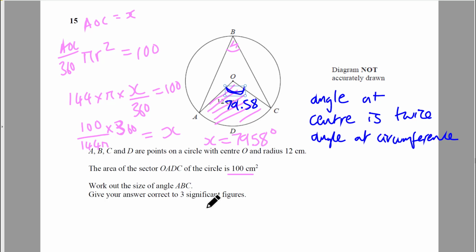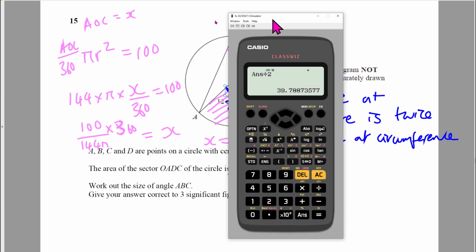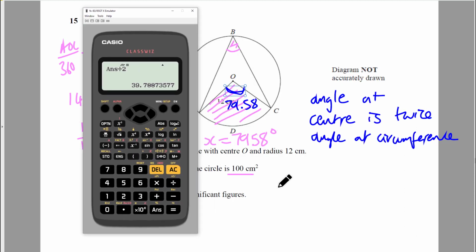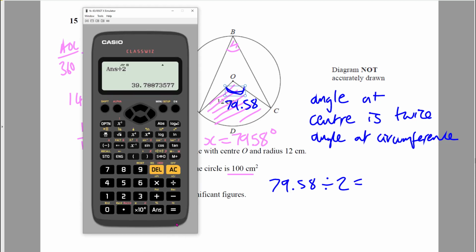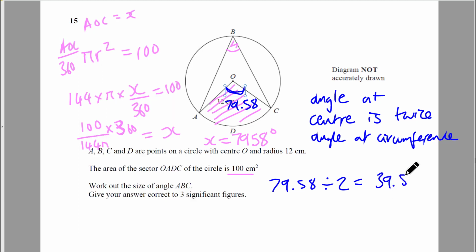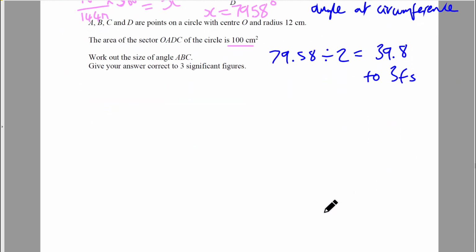So we just need to divide that by 2. So 79.58 divided by 2 equals 39.8, to 3 significant figures. That's your 4 marks.